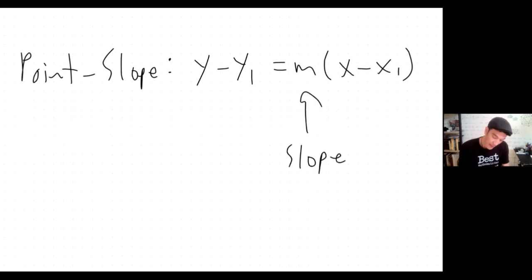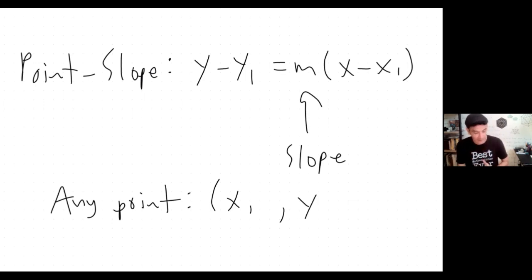And then any point that is on a line, any point, those coordinates could go in and replace x1 and y1 respectively. So this is point slope.